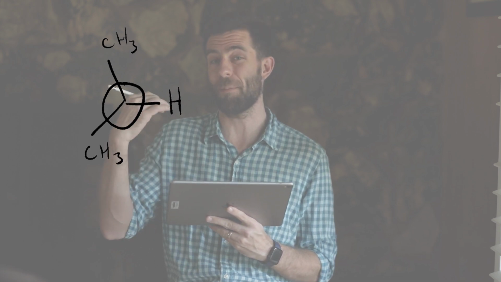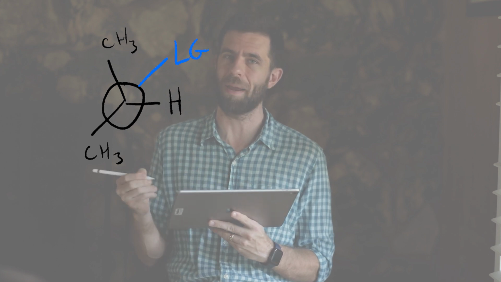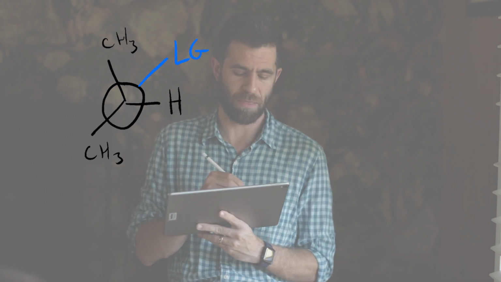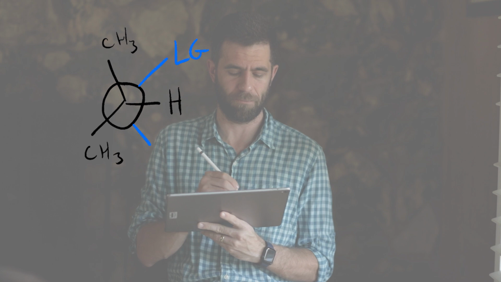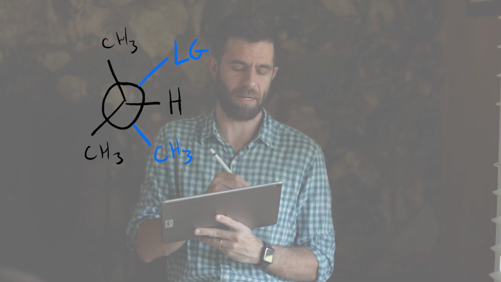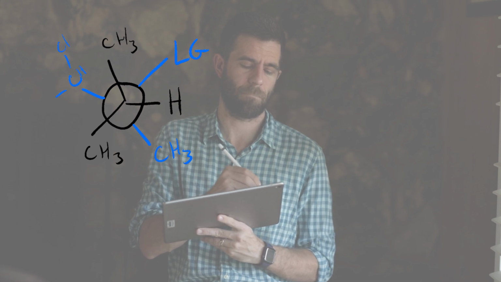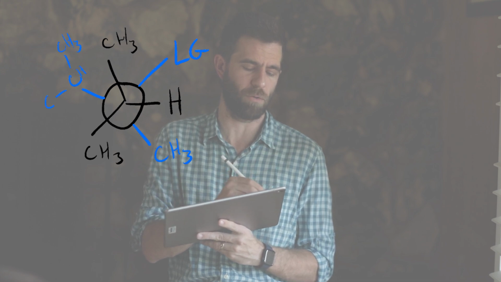And now let's say in the back, we have our leaving group, whatever that leaving group might be. And then we also have a CH3, but here we have an iso group.